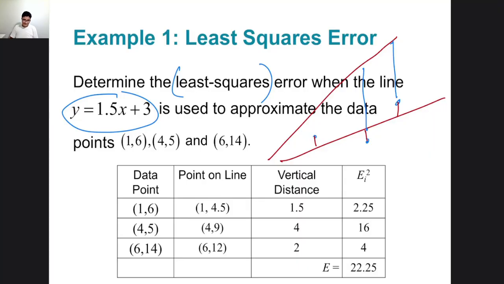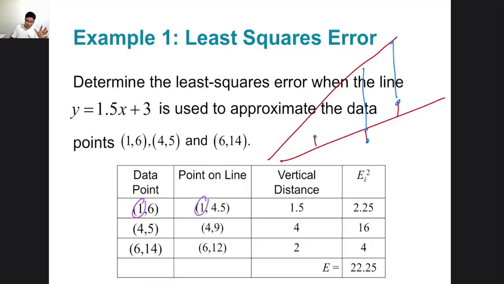We are saying let us take this line and find what the error is with that line. And what is the technique? Take the data points and then take the corresponding point on the line. This is the very important part for you to understand. Now, what is the corresponding point? I will show you the calculation for one of them. Take x equal to 1.